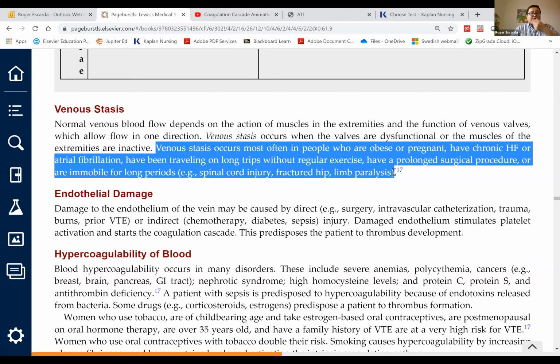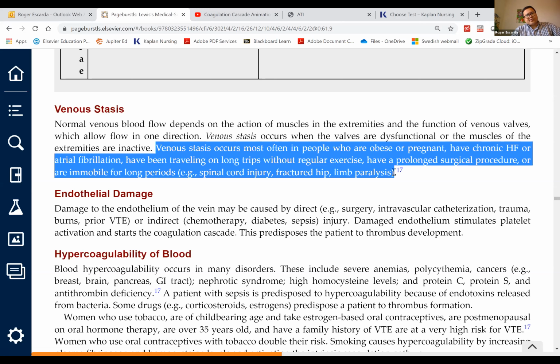Let's say you have a 14, 16-hour neurosurgery, or you've had large joint surgeries like hip replacement or knee replacement surgeries, okay? Or you're either paraplegic or quadriplegic.